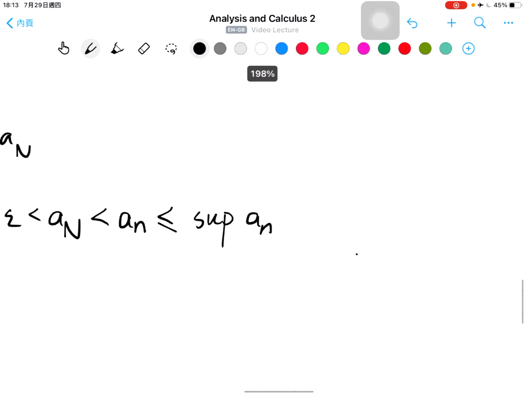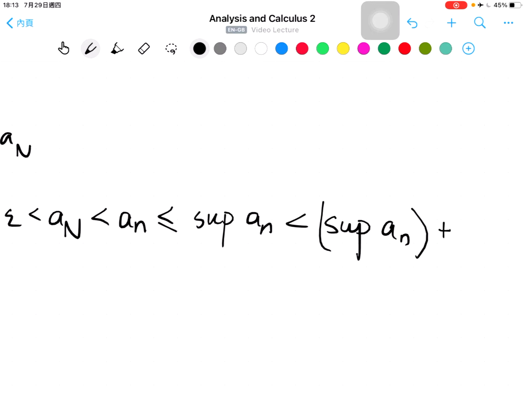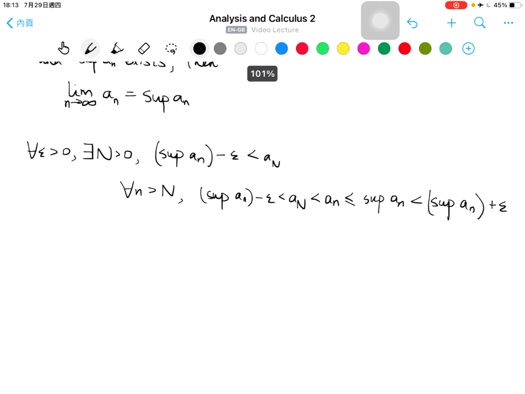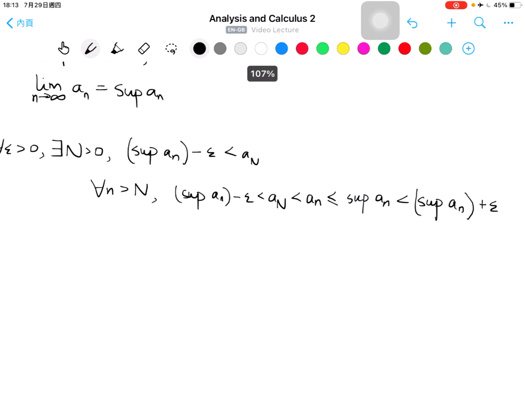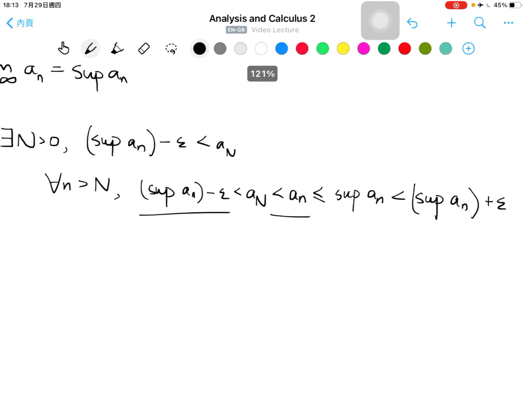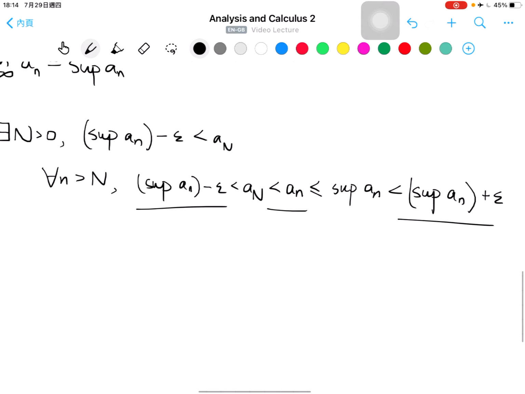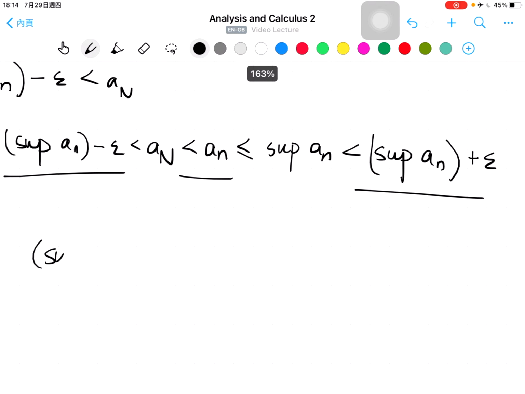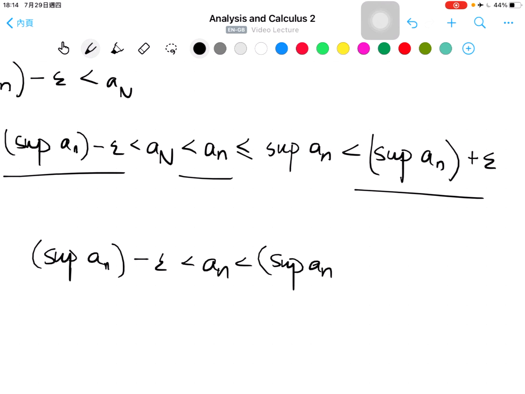But then that means if I add a little bit to the supremum, it's going to be larger than the supremum, right? So now let's take this and this out from the inequality. We get the supremum of a_n minus epsilon is smaller than a_n, which is smaller than the supremum of a_n plus epsilon.